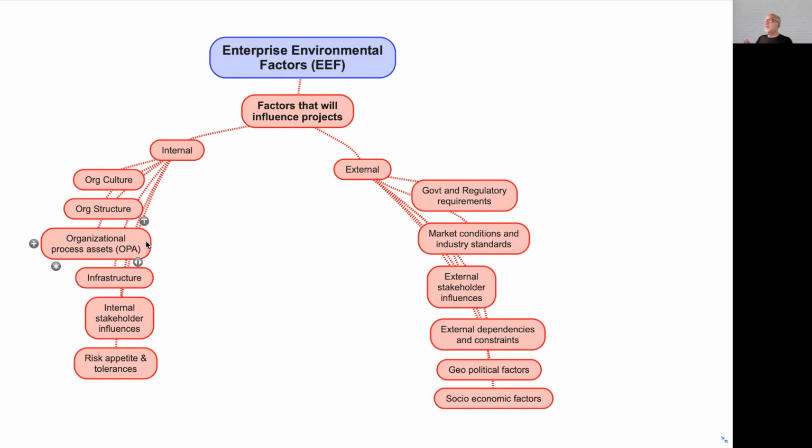All these things become organizational process assets, maybe reusable components. If I've done a similar project in the past, I can take the plan of that project and customize it, which will considerably reduce my planning time. So an awareness of these things will help us to optimize our projects.